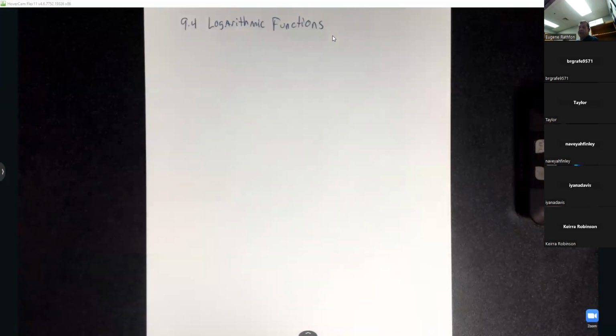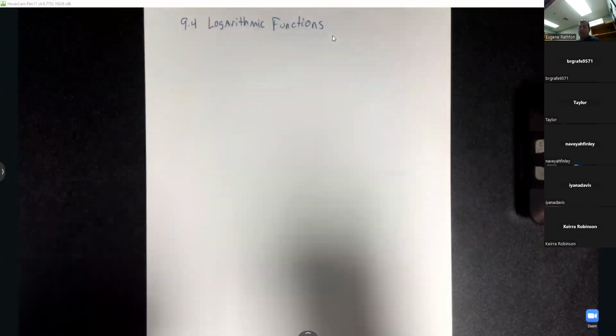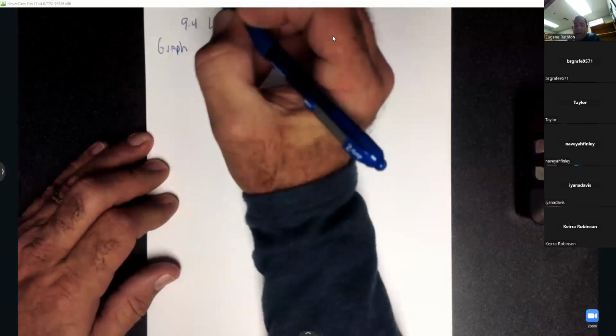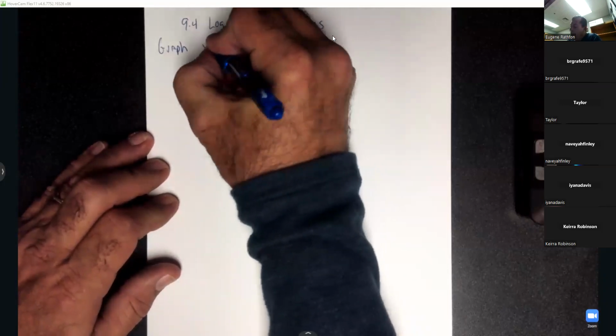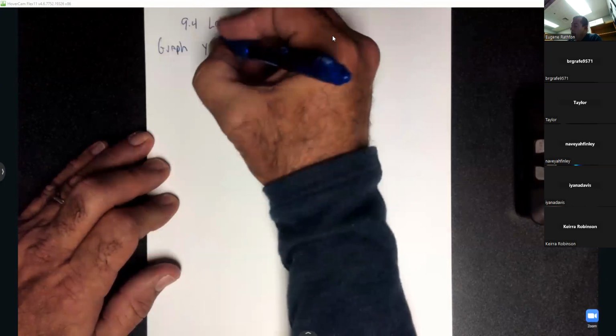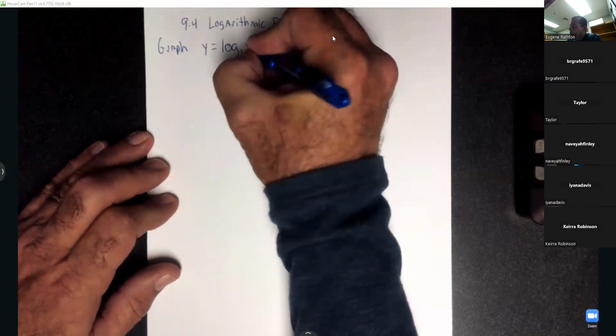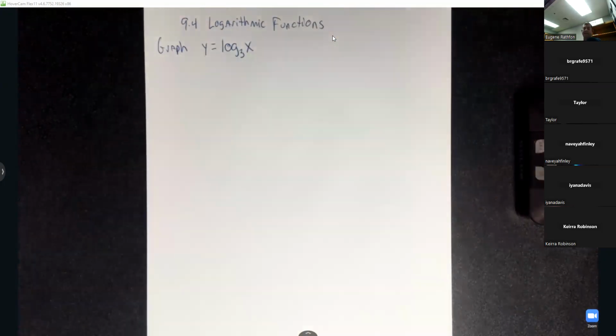So first we'll look at a little bit of graphing using the logs, and then we'll actually start finding logarithms. For this one, we're going to graph y equals log base 3 of x.